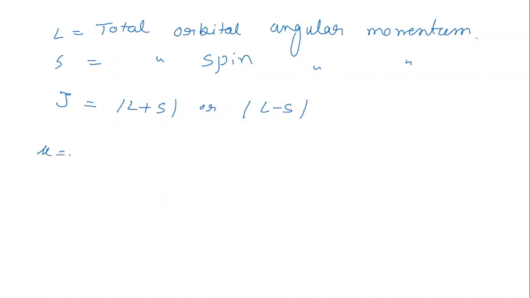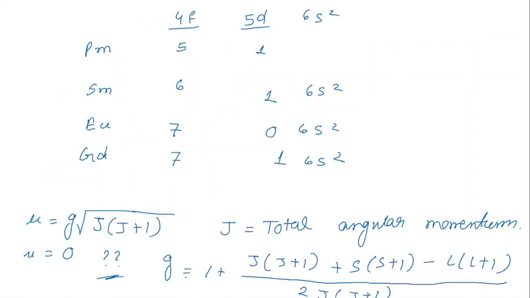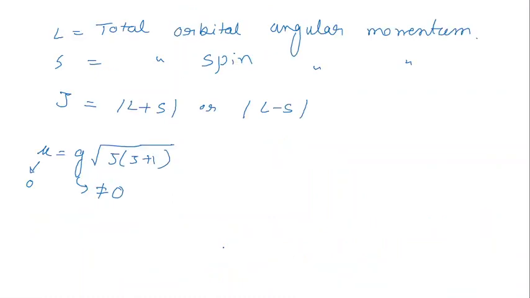This is the formula. When mu is 0, G can't be 0, because it has one term and this can't be negative. So G can't be 0. It has an explanation also, but I am not going there.